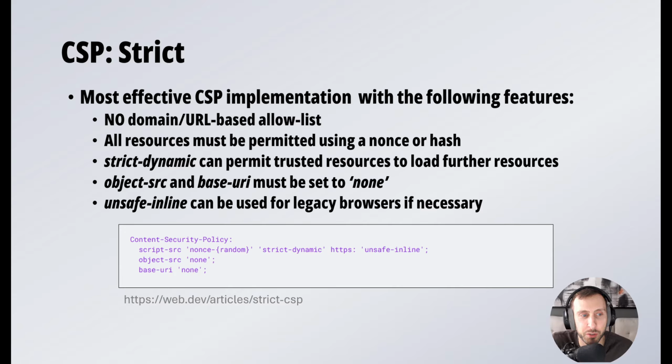And it has the following features. So no domain or URL-based allow list. You're not trusting entire other origins. All resources must be permitted using a hash or a nonce. Strict dynamic can be used to permit trusted resources to load other resources. Object source and base URI must be set to none. And one thing that you can do is you can set unsafe inline for legacy browser support.